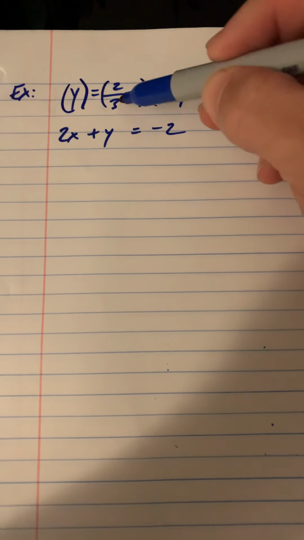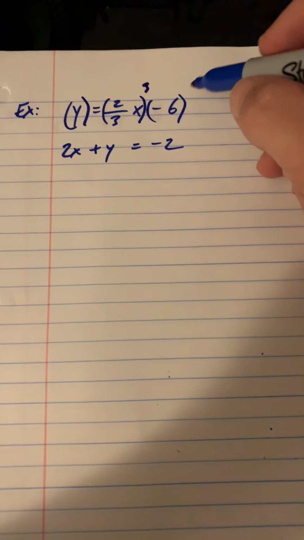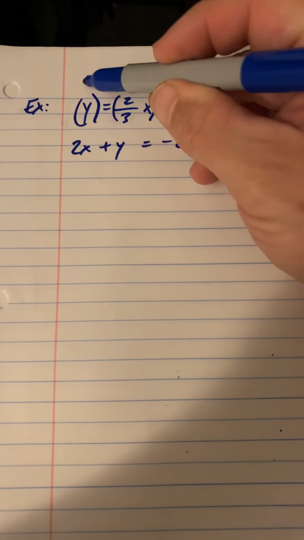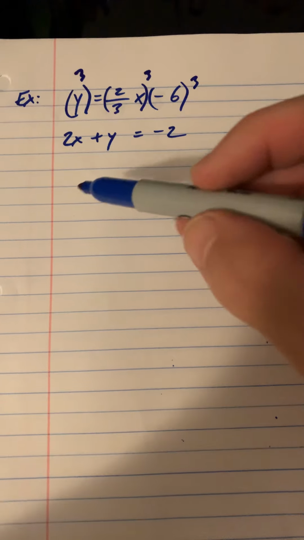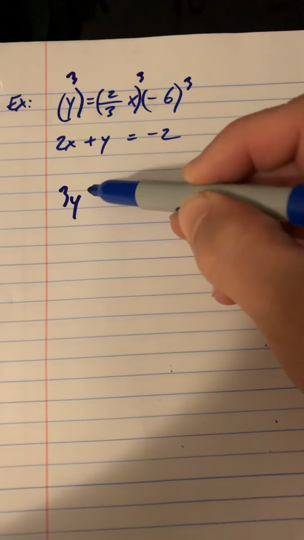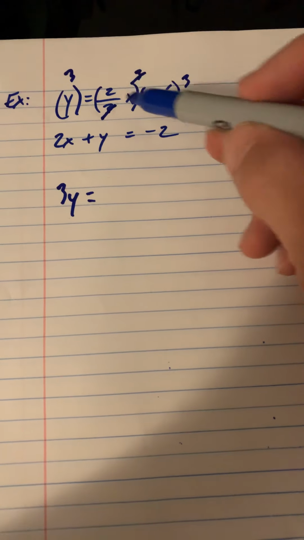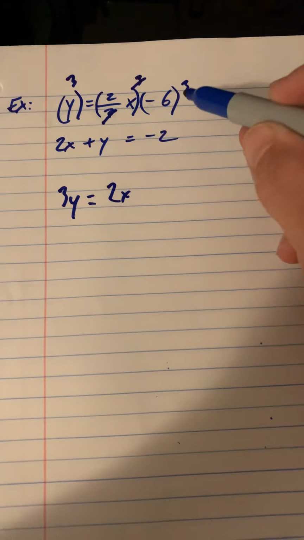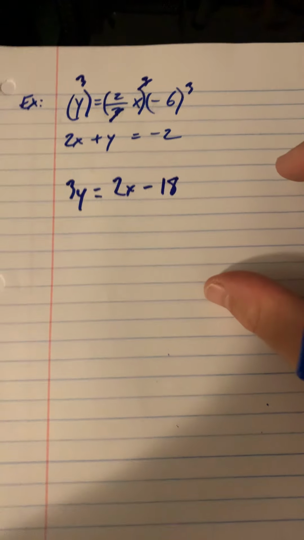If we want to get rid of that 3 in the denominator, we multiply by 3, and whatever I multiply this by, I have to multiply everything by. So 3 here and 3 here. I'm going to rewrite what we have, so it gives us 3y equals, that's going to cancel, so it leaves me 2x, and then negative 6 times 3 is negative 18.